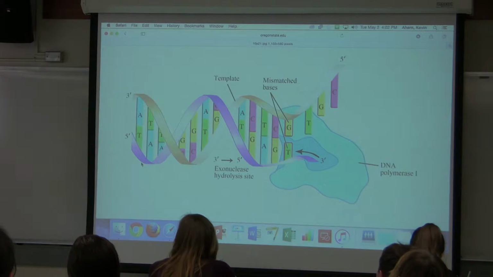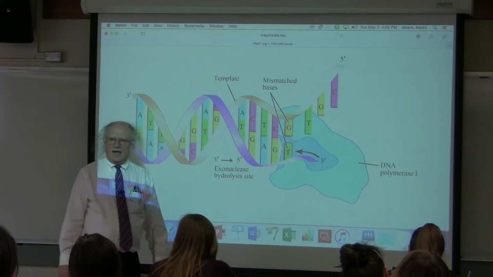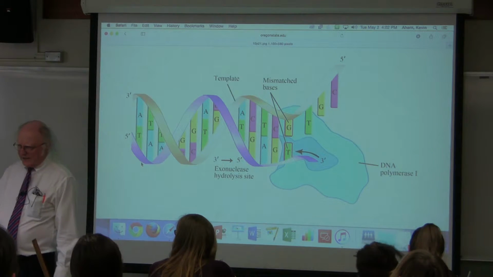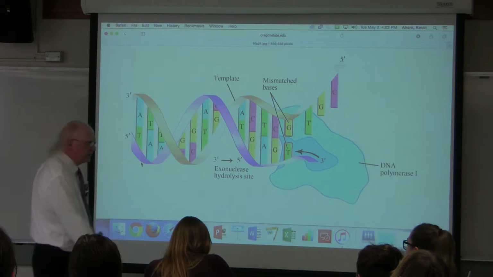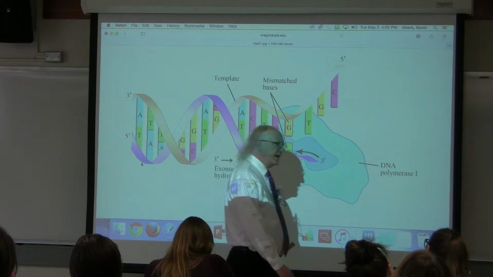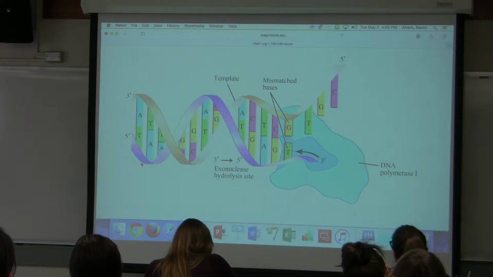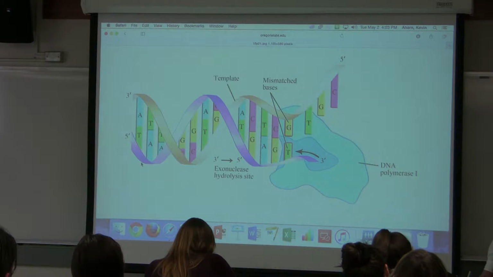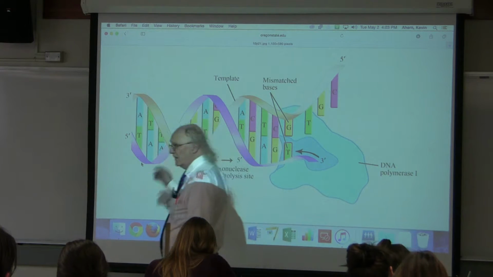This involves an activity associated with most cellular DNA polymerases. You might ask, what else is there besides a cellular DNA polymerase? The answer is that there are viral DNA polymerases. Viruses often have their own DNA polymerase, and that will become important as I talk about this activity.